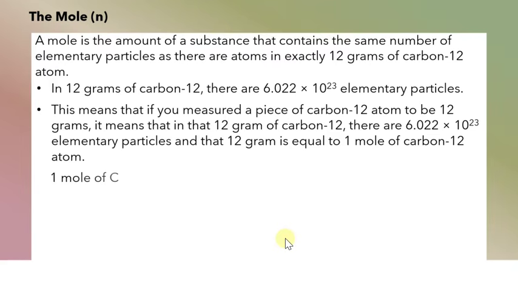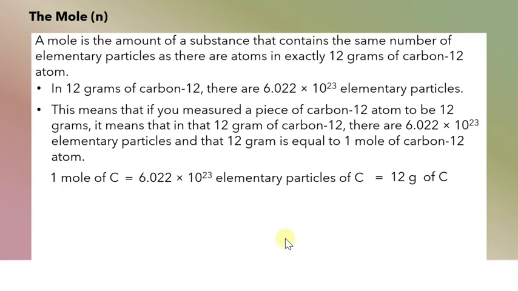All right, so here we go. If we have 1 mole of carbon, C stands for carbon, then you must know that it is equal to 6.022 times 10 to the power 23 elementary particles of carbon, that also is equal to 12 grams of carbon atom.